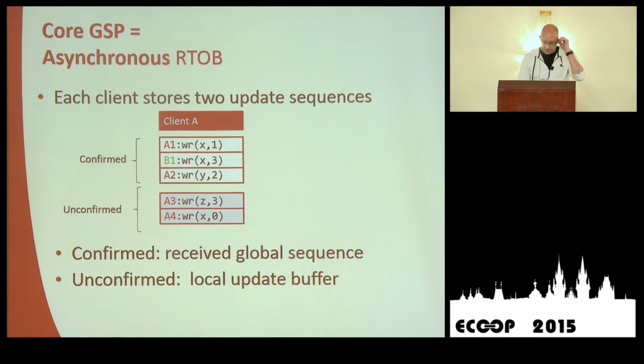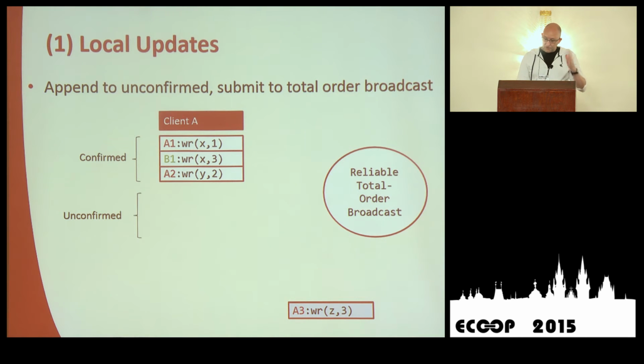So here's how it's going to work out. Suppose we're at client A, and we have a bunch of confirmed operations: a write to X of 1 done by A, a write to X of 3 done by B, and a write by A to Y of 2.